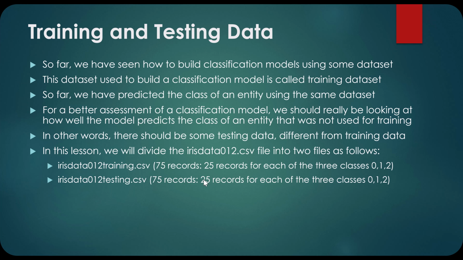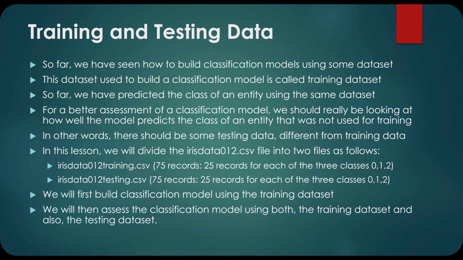So if you remember, in the original data set, we had 150 records, 50 for each of the three classes. So we will first build classification models using the training data set, and then we will assess the classification model using both, first the training data set and also the testing data set.